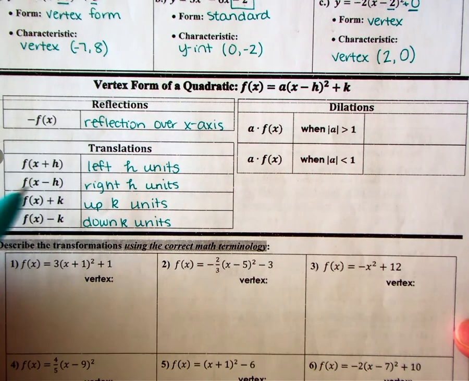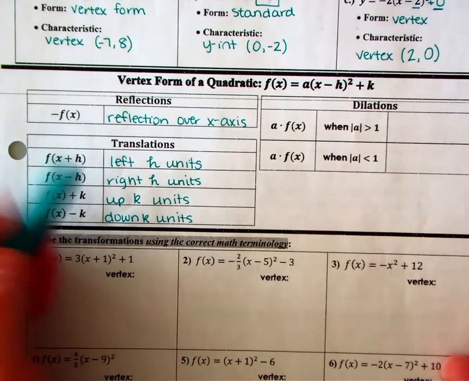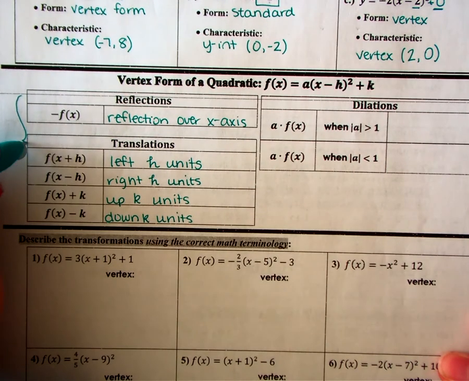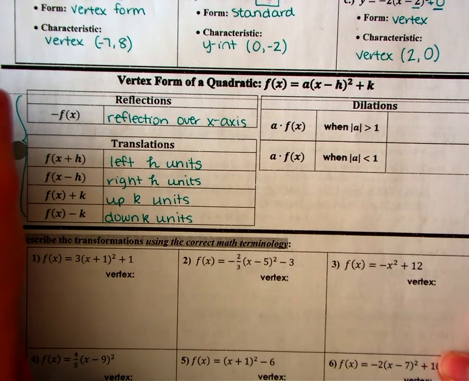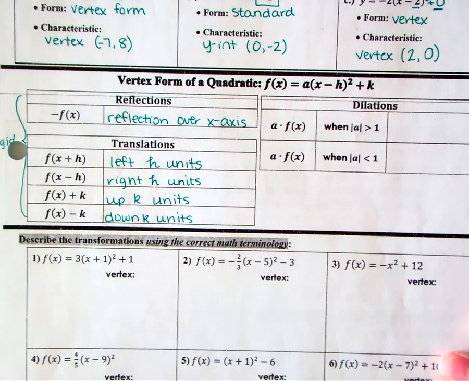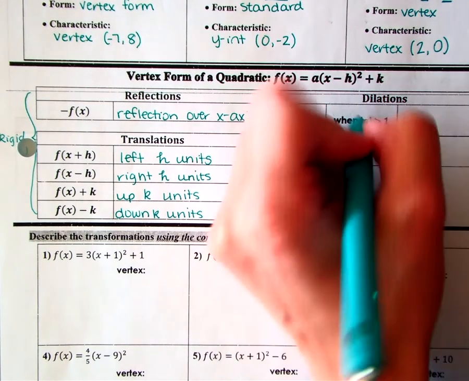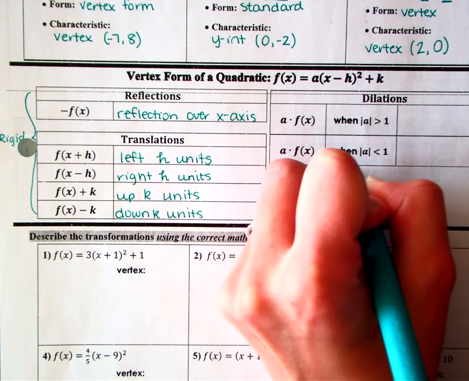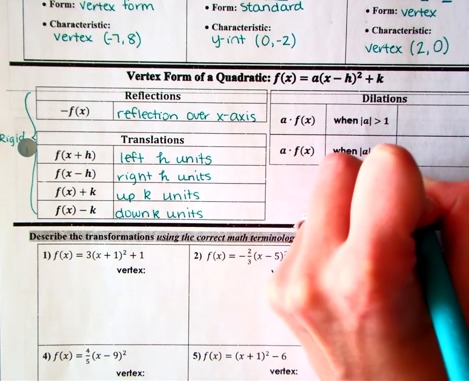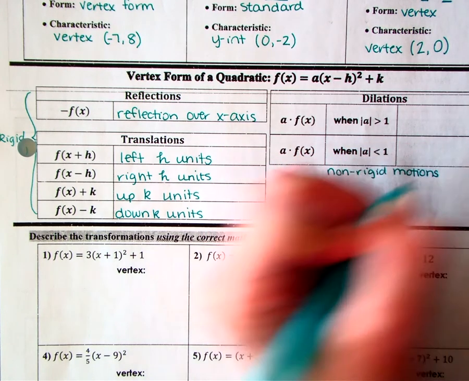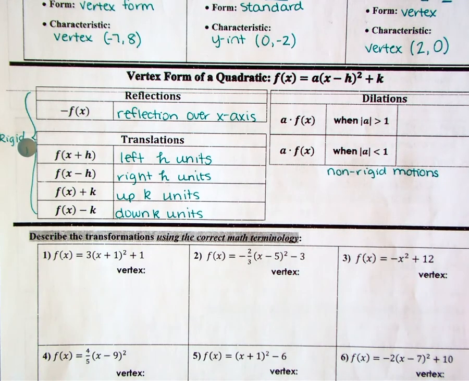These are rigid motions, which means that they are changing location, not the shape. Over here with dilations, these are our non-rigid motions, which means that they are changing the actual shape and size of it.